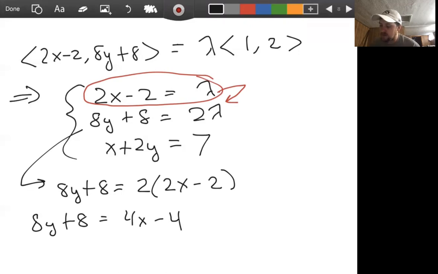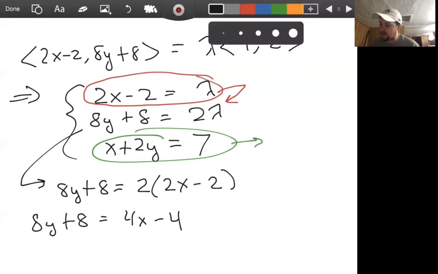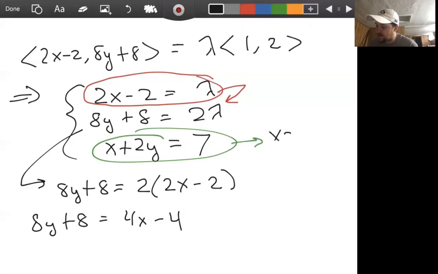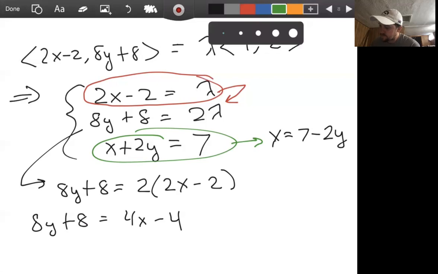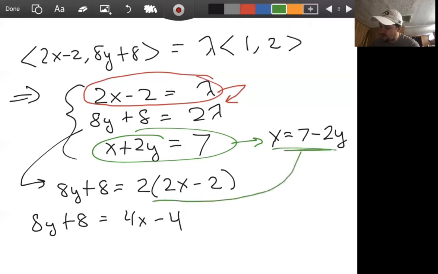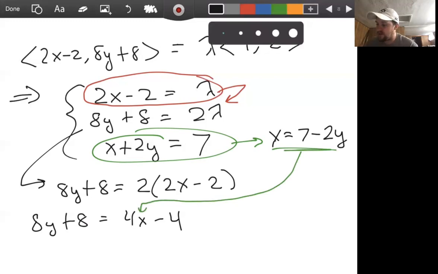But then I also have a way of explicitly describing what x is from our constraint. From our constraint, I can write that x equals 7 minus 2y. And now I can plug in x equals 7 minus 2y for x here. Then I will have a function just in terms of y, and so I can solve for a y value.